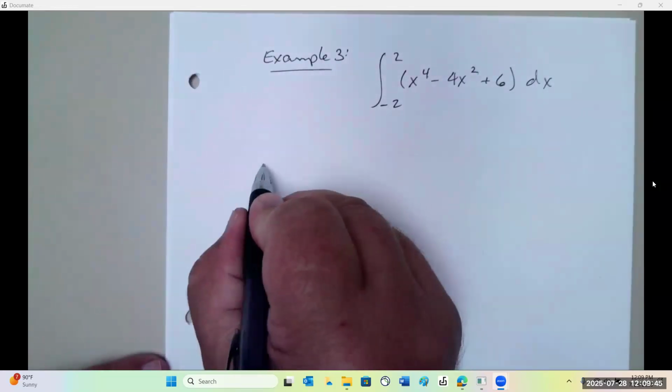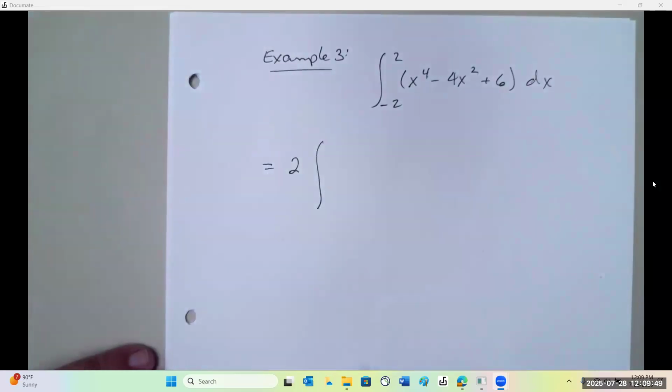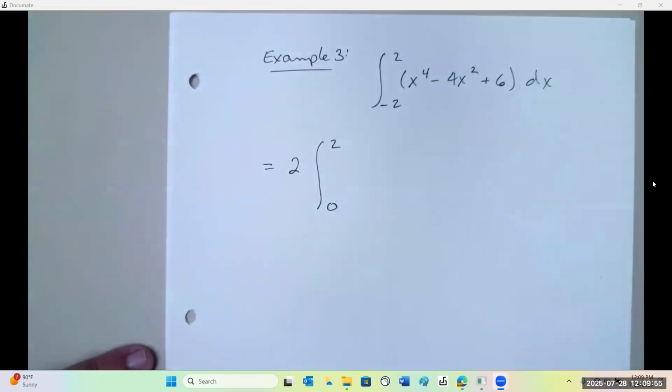Since it's an even function, we could make our work a lot less cumbersome by going, instead of from -2 to 2, we just take half of it, from 0 to 2. That's all we're going to do.